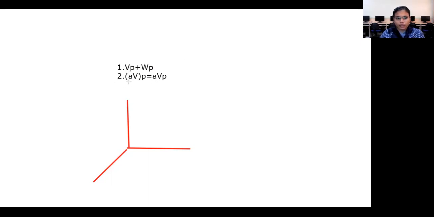Now let us see what the scalar multiplication will be geometrically. Suppose this is any tangent vector, say, let us start with the origin itself. Suppose I draw a vector v. Okay, so this is a vector v.